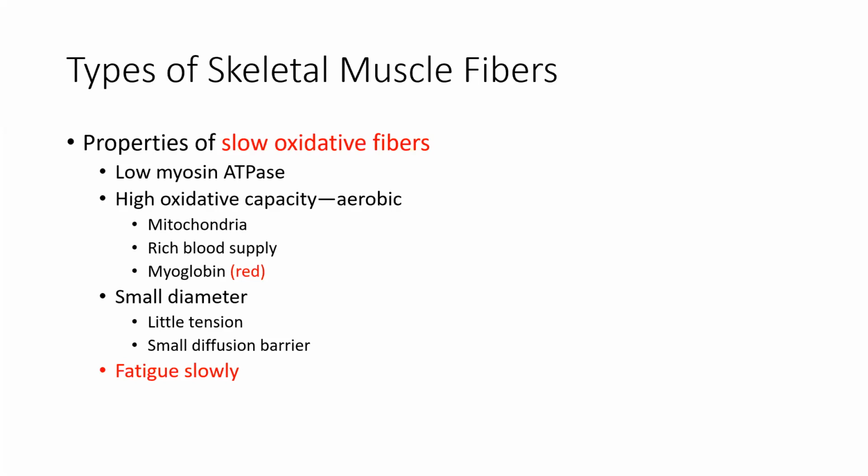That would make the diffusion barrier larger and impede their ability to get that oxygen from the capillaries. They also fatigue much more slowly because of factors that we mentioned previously, the absence of lactic buildup, and the more efficient quantities of ATP.